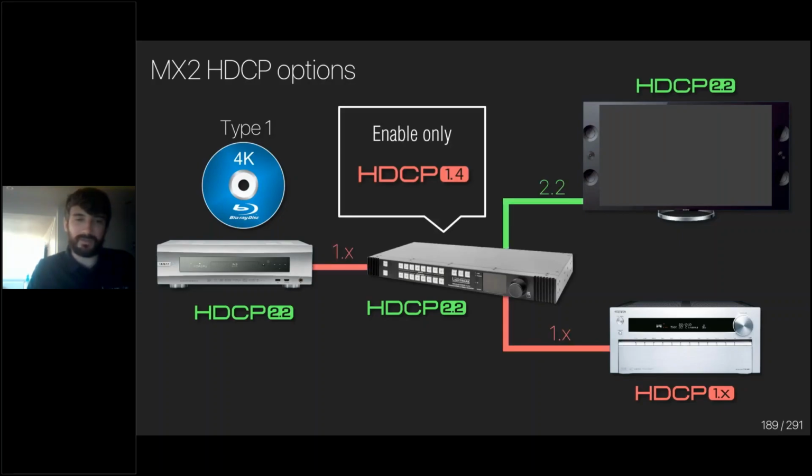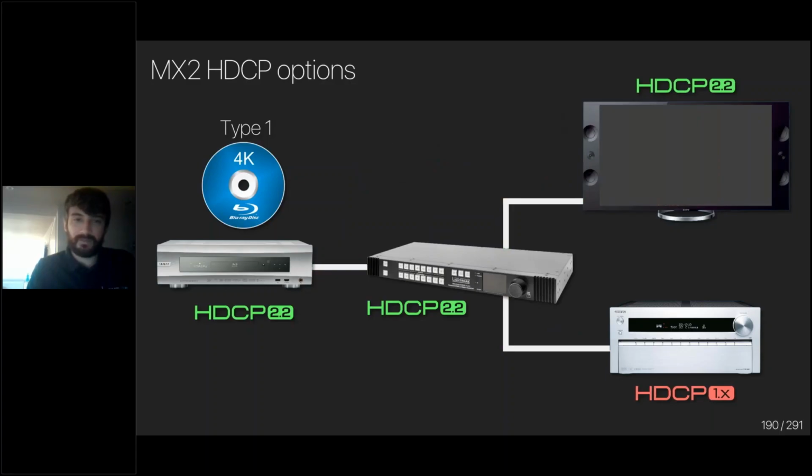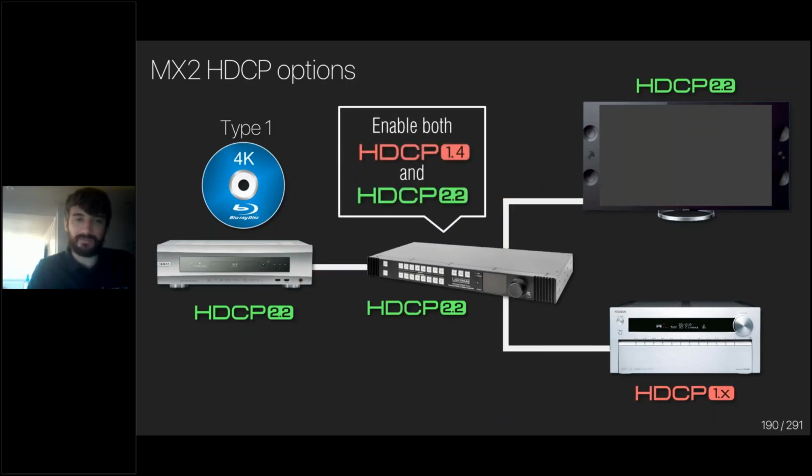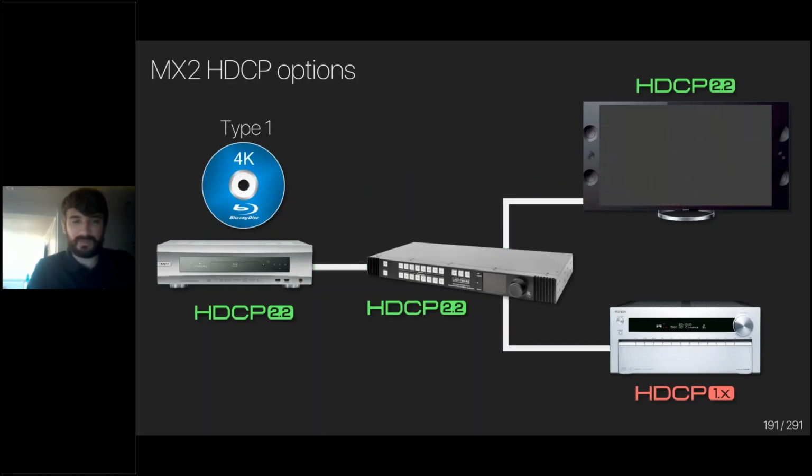As before, you'll get the 1080p image, so it doesn't present too much of a different scenario than just having everything enabled. Enabling HDCP 1.4 and 2.2 presents the same problem again. That HDCP 1.4 key from the AV receiver is getting reported back, so that doesn't present any different scenario. But we have another mode which is designed specifically for this.